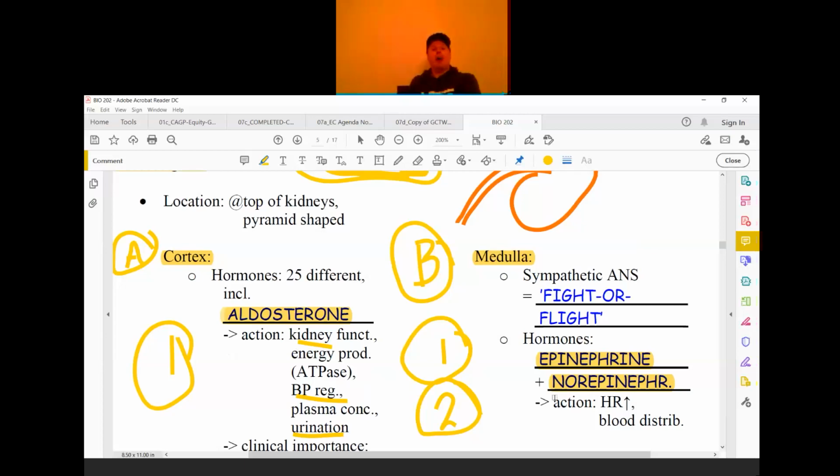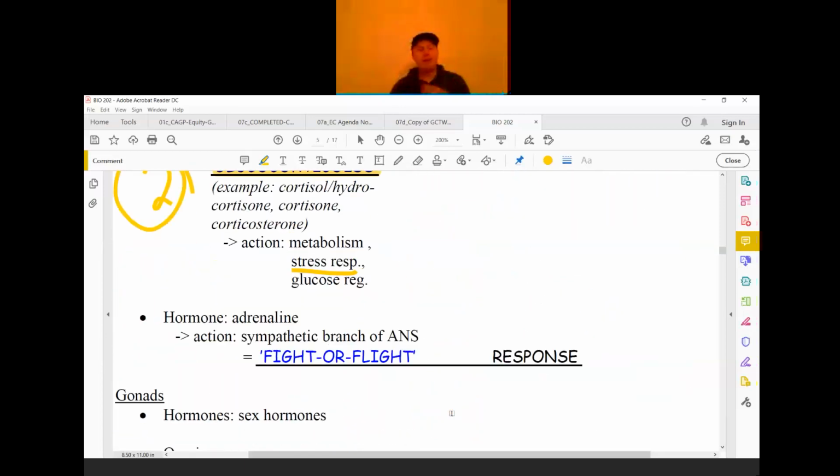So in this case, your heart rate goes up, your blood pressure goes up. We direct the blood not to your digestive system or urinary system, but to the skeletal muscles, so you can run away from that situation or you can fight against it. The other branch was, of course, the parasympathetic nervous system, which was the rest and digest response.